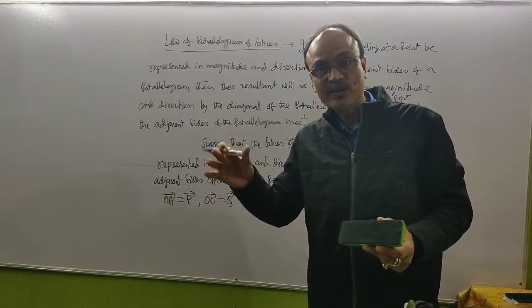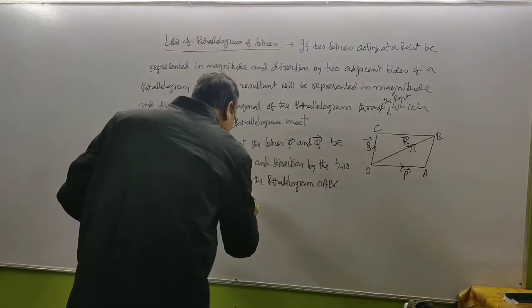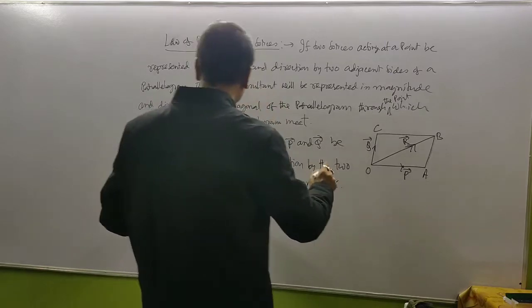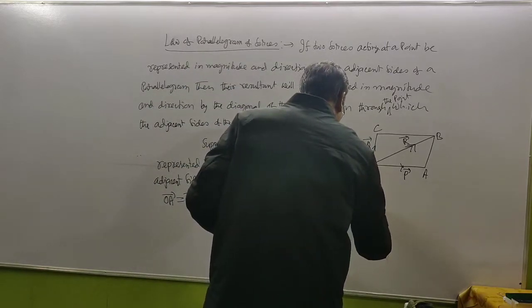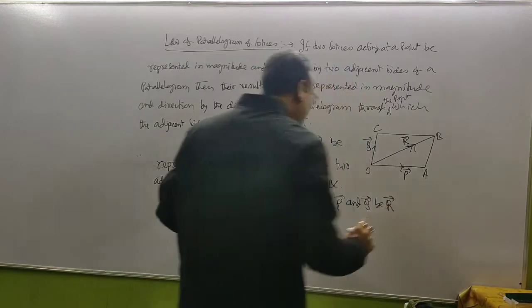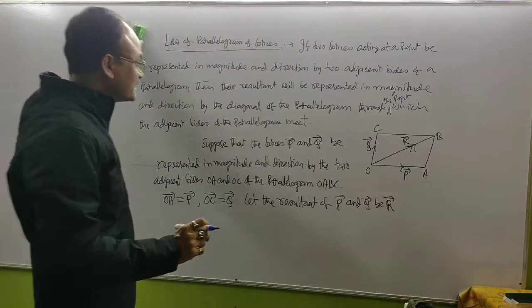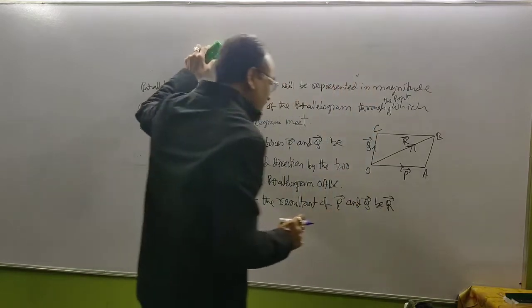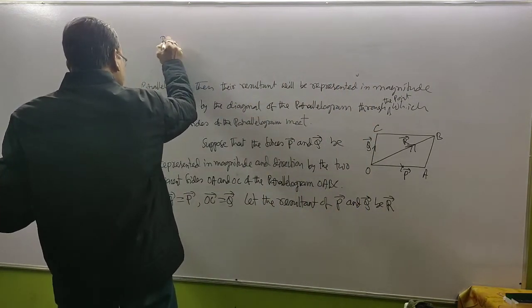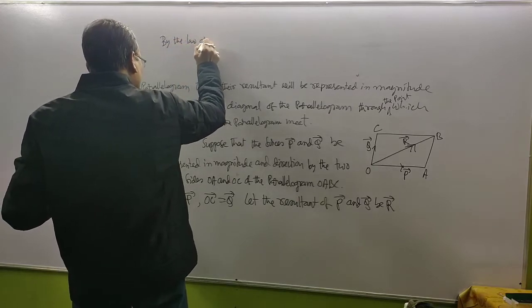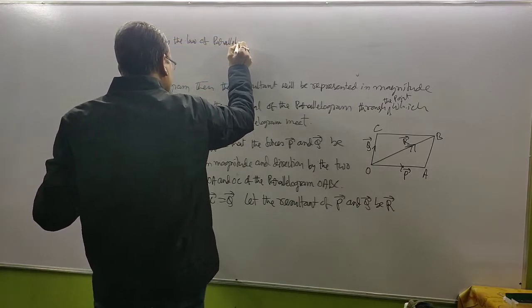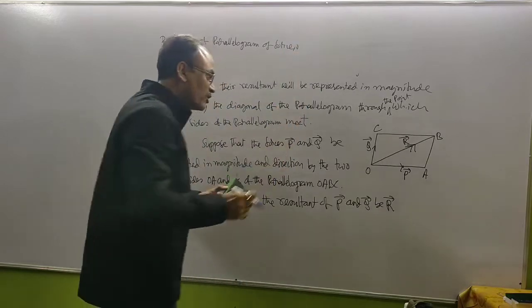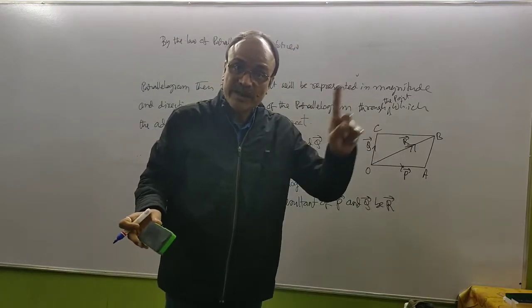Let the resultant of P and Q be R. By the law of parallelogram of forces, the resultant R will be represented by OB.